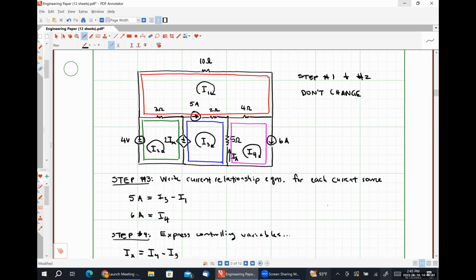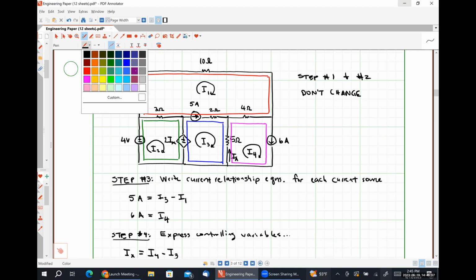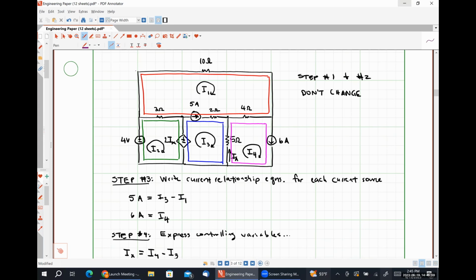So what we're gonna do here is we are going to make a new loop that is the smallest possible loop that avoids taking the voltage drop over that 5 amp source. So our new mesh here, our super mesh, is going to be this path that I'm outlining in purple.